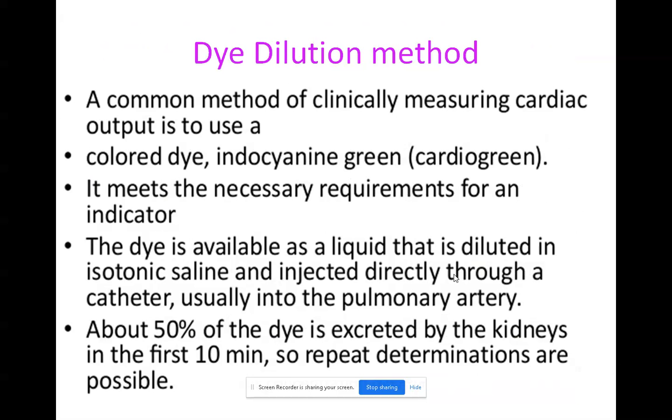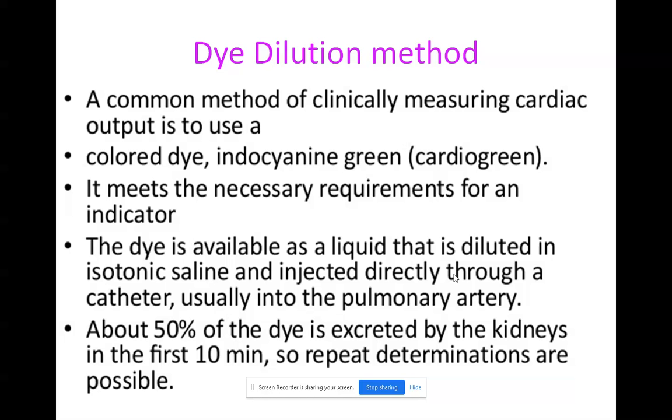So a common method of clinically measuring cardiac output is to use a colored dye, indocyanine green. Here we are going to use the dye called cardio green to measure the cardiac output. Here we meet the necessary requirements for an indicator: the dye is available as a liquid that is diluted in isotonic saline and injected directly through a catheter, usually into the pulmonary artery.